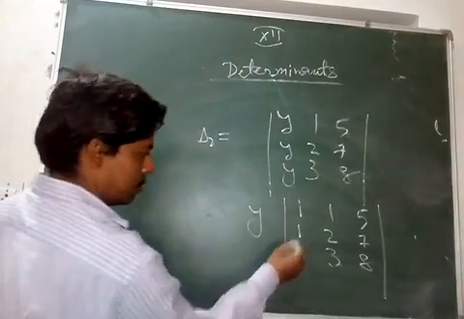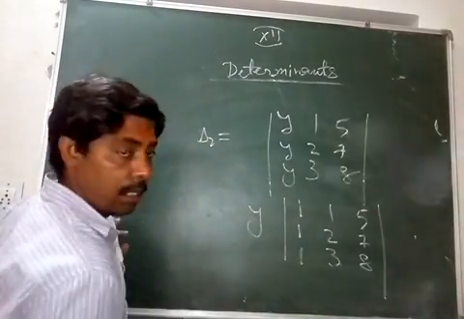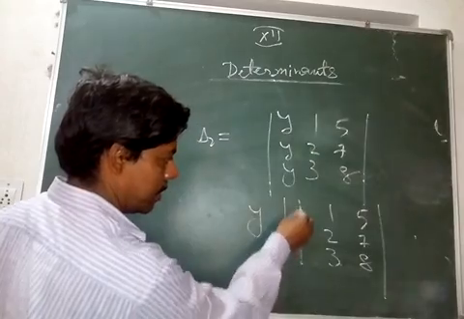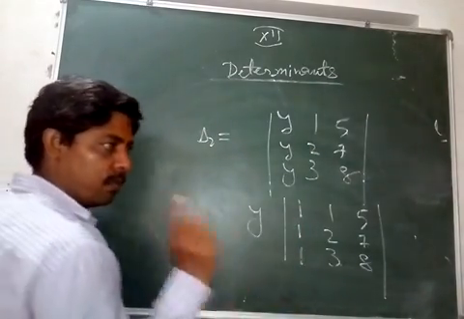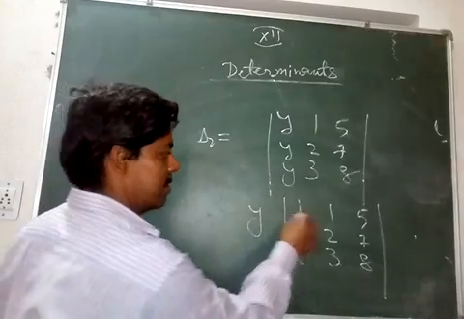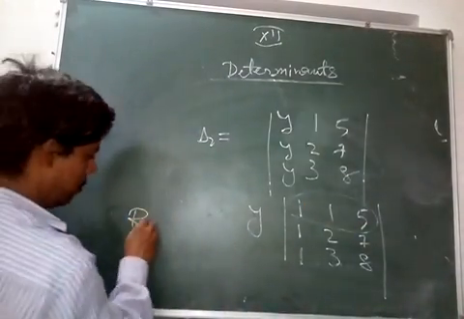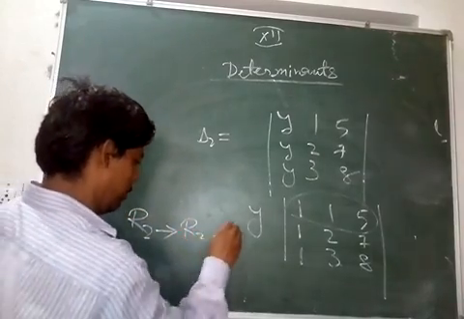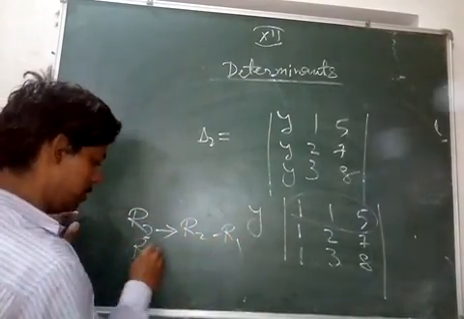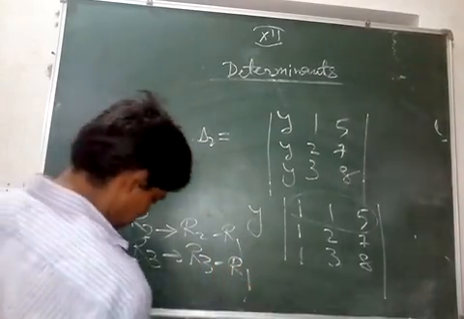This is row 2, so I can write R2 is equal to R2 minus R1, and R3 also R3 minus R1. At the same time we can do two operations if the same row or same column is subtracted. So I am doing R2 is equal to R2 minus R1. Similarly, R3 is equal to R3 minus R1.